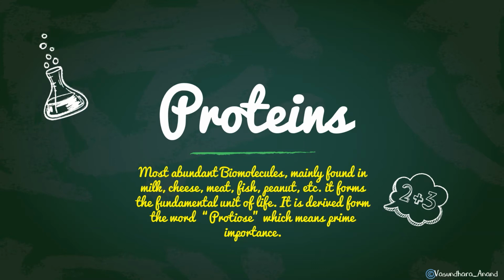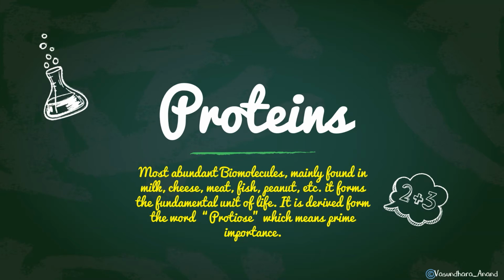The plasma membrane has a sandwich-like model in which the bilipid layer is there and the proteins are embedded in that. So protein is very important for that fundamental unit of life.